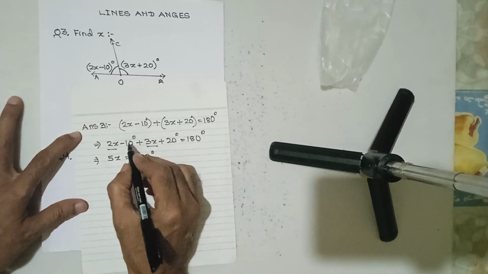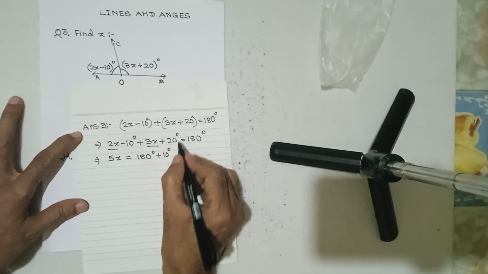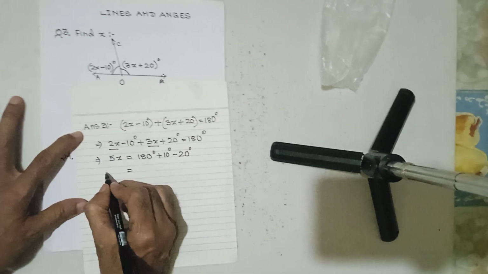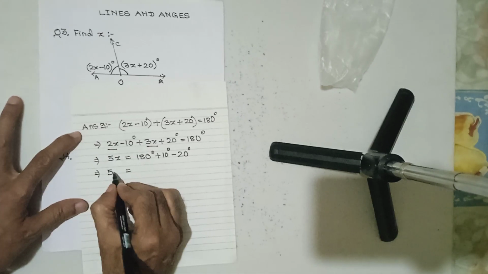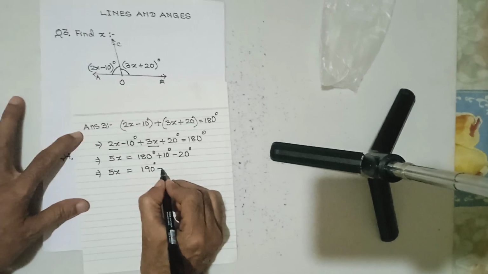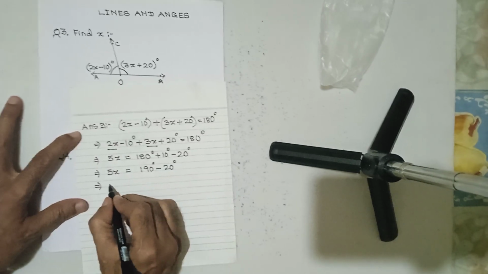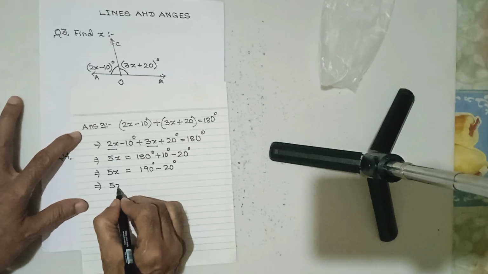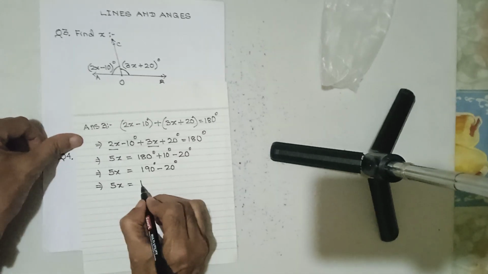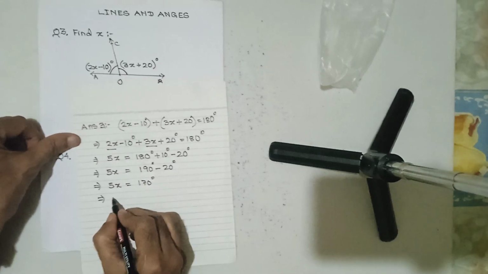When it goes to the right hand side, it will become plus 10 degrees, and plus 20 degrees will become minus 20 degrees. So 5x will be 190 degrees minus 20 degrees. This implies 5x will be equal to 170 degrees.